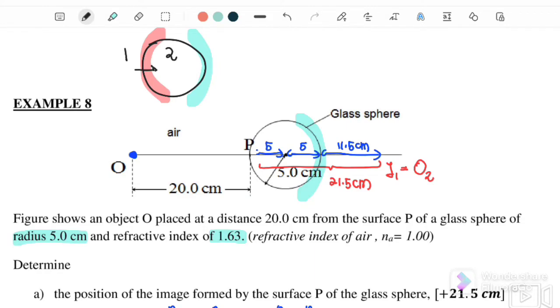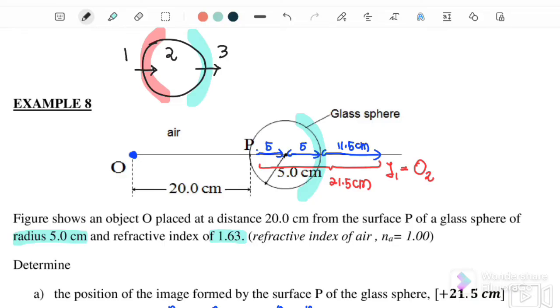Then the second refraction is from 2 to 3, meaning from the glass sphere out to the air. Just now the red surface is 1 to 2, and now the second is from 2 to 3, from the glass sphere out to the air.